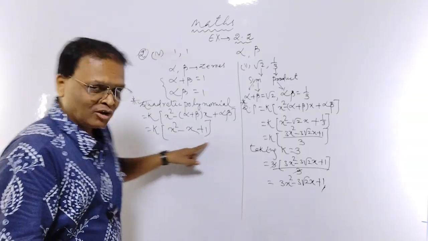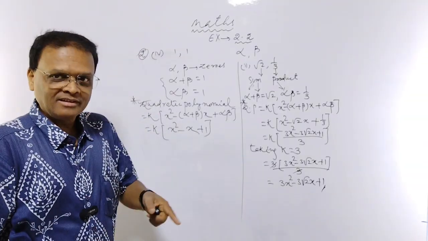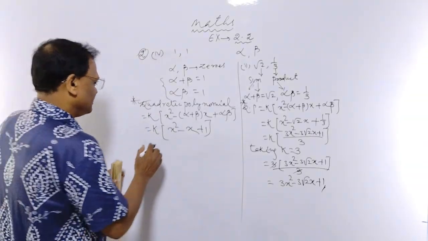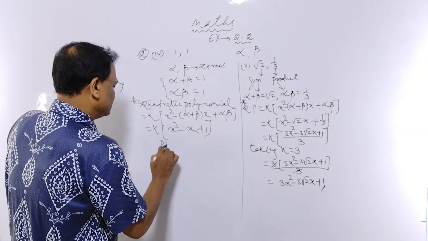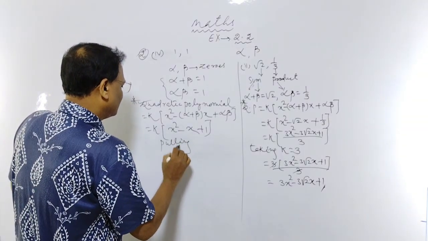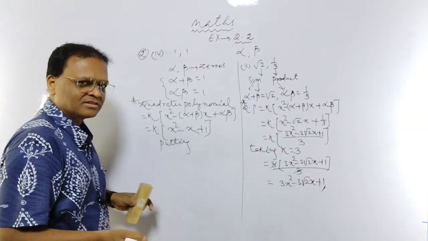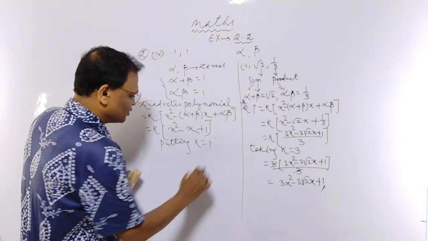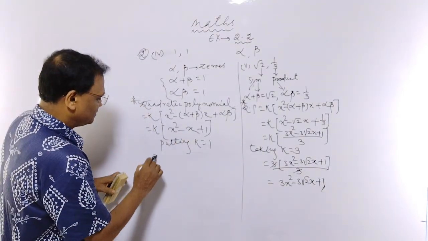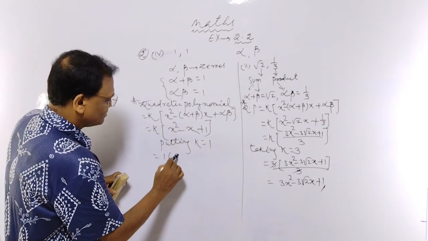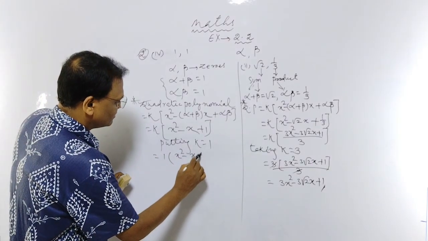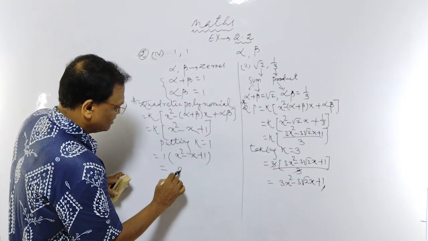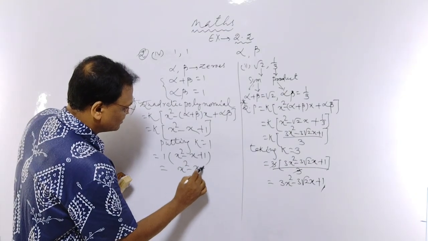Why? If the denominator is nothing, you can take it as 1. So putting k equal to 1, substituting, you get 1 of x square minus x plus 1.